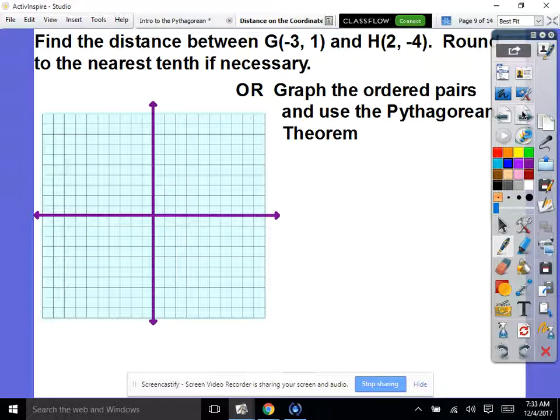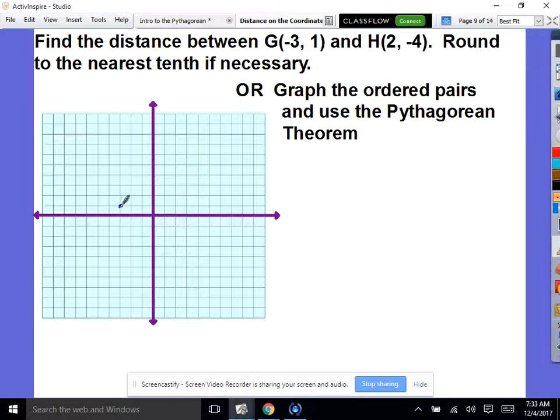All right, so we can also graph that. So (-3, 1). That would be G. And (2, -4), so 1, 2, 3, 4. That would be H. And if we connect our points, we have our hypotenuse.